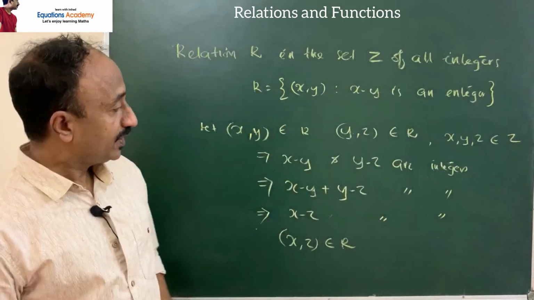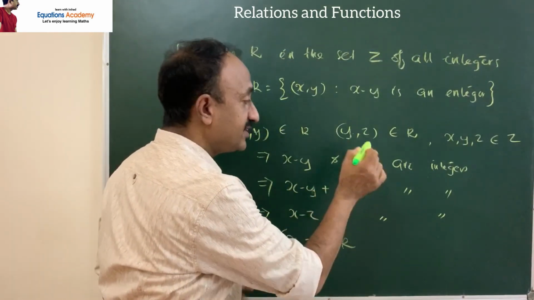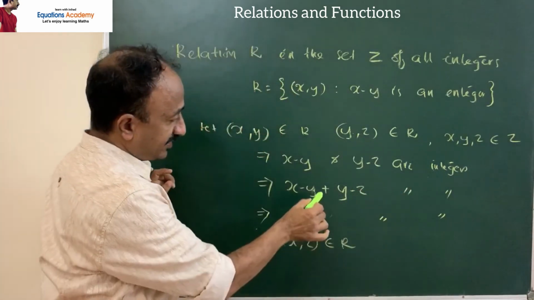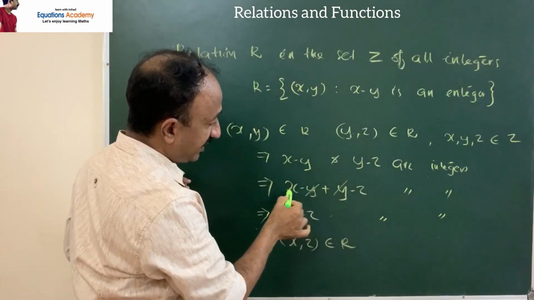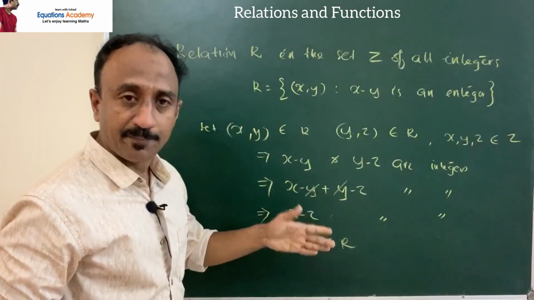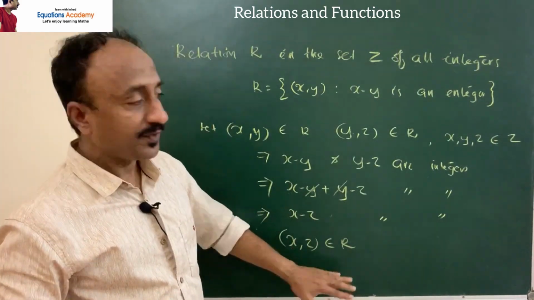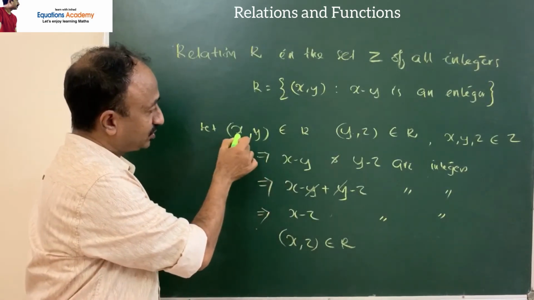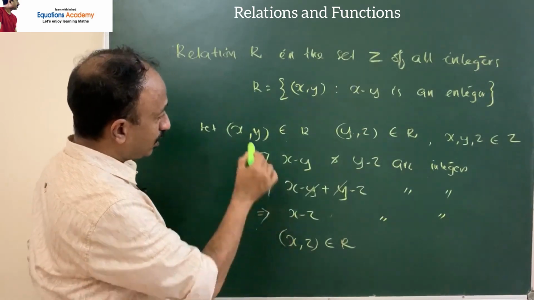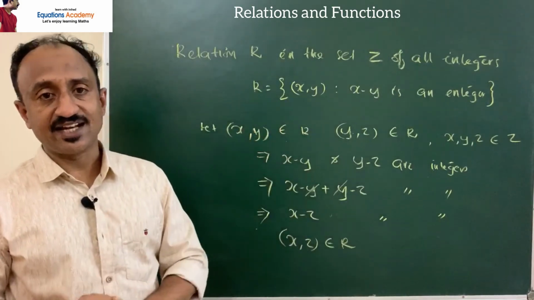If we add them, x minus y plus y minus z is also an integer. Cancelling minus y and plus y, we get x minus z is an integer. That means (x, z) belongs to R. So (x, y) belongs to R and (y, z) belongs to R, then (x, z) belongs to R. Therefore, this relation is transitive.